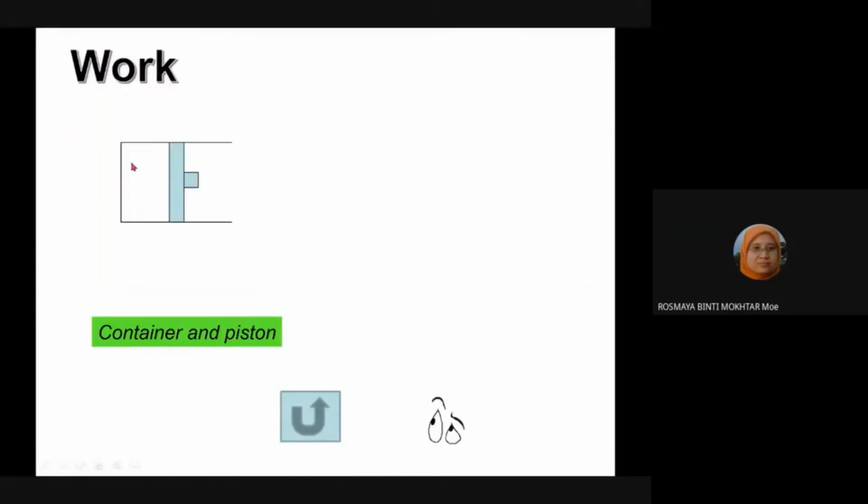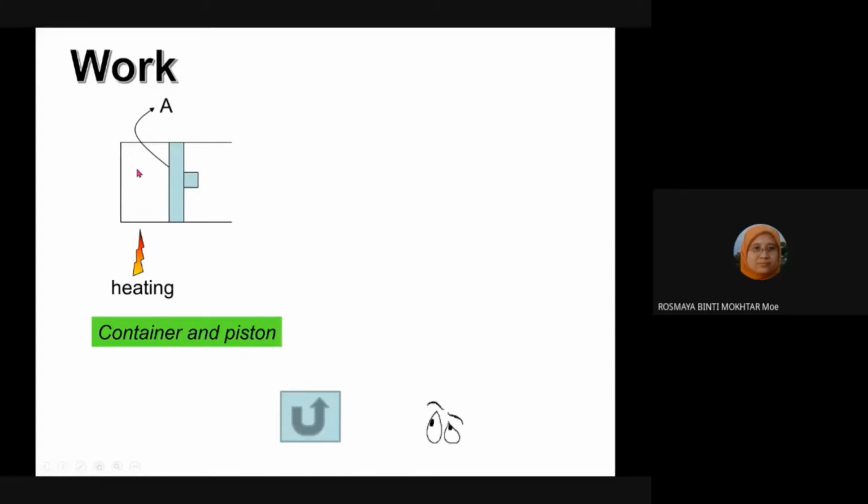Okay, consider this situation: a container with a piston, and the gas is trapped inside the container. The cross-sectional area of the piston, let's say A, and then we supply energy by heating the container. So the pressure will increase inside.